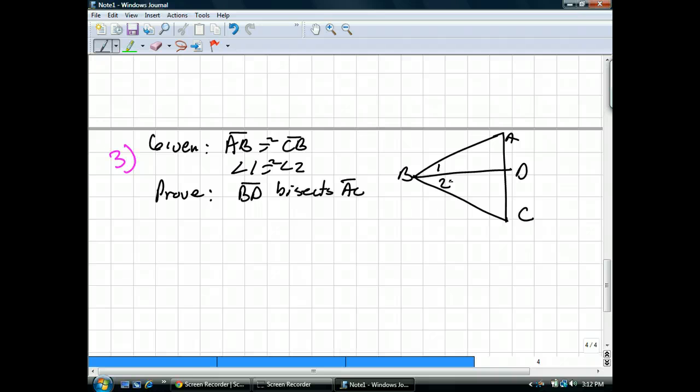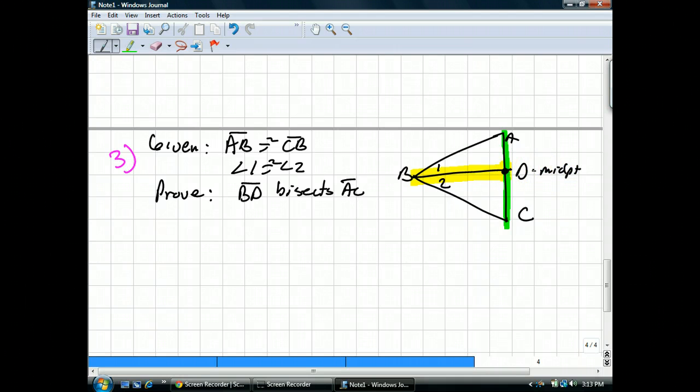Okay, so let's think about this. If BD bisects AC, then D must be a midpoint.